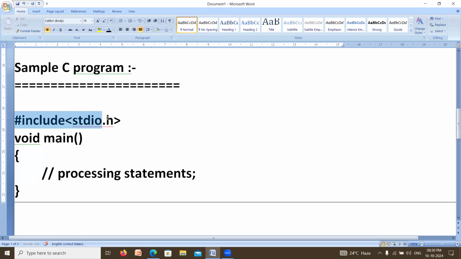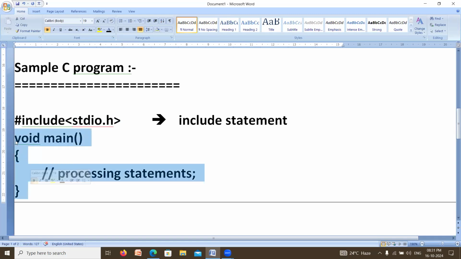Here it is called the include statement. From here to here, it is called the main method.